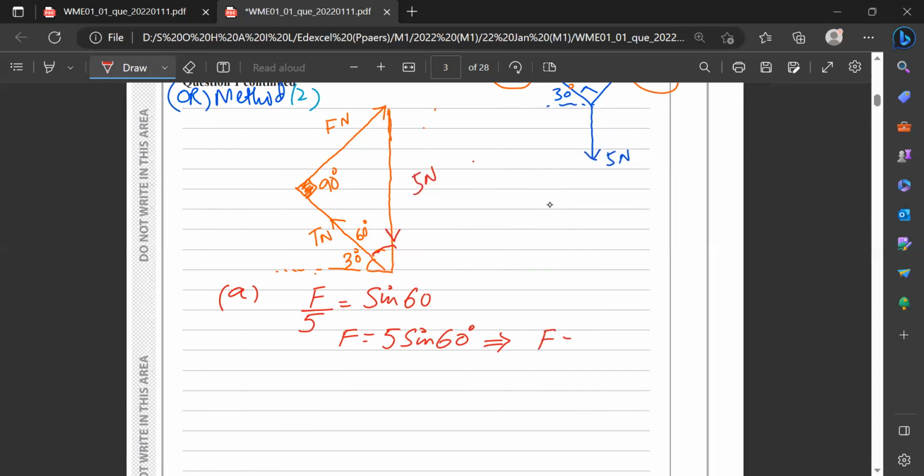So F is 5 root 3 over 2. This is the answer, the value of F.